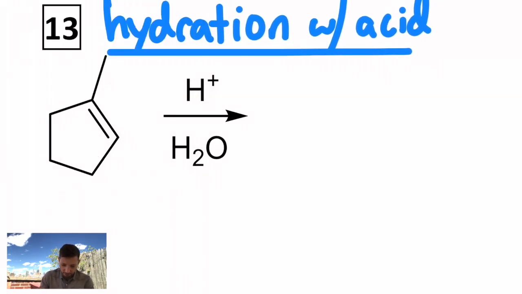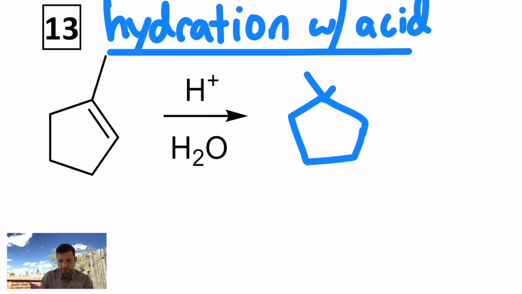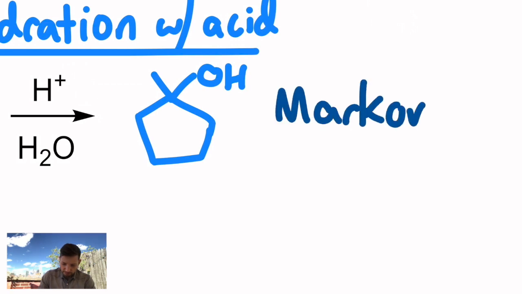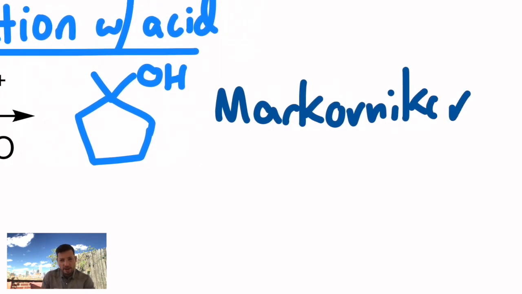You get the alcohol. In this case, you get the more substituted tertiary alcohol. So, some key features of this: it undergoes Markovnikov addition, meaning the H goes to the less substituted carbon and the OH goes to the more. And we're going to draw the mechanism of this, and you'll see exactly why.